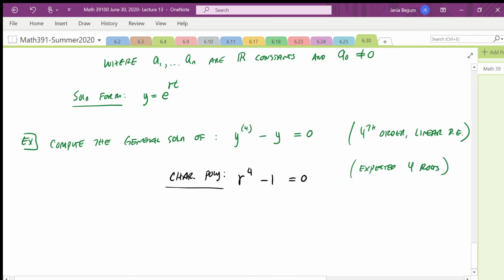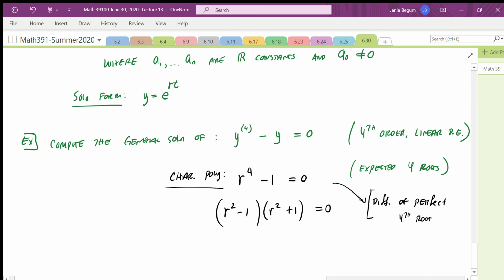So if I factor, I have r squared minus 1 times r squared plus 1 equals 0. We're using the difference of perfect squares, but with a fourth degree. I don't know if there's a word for this, but the idea really comes from a quadratic.